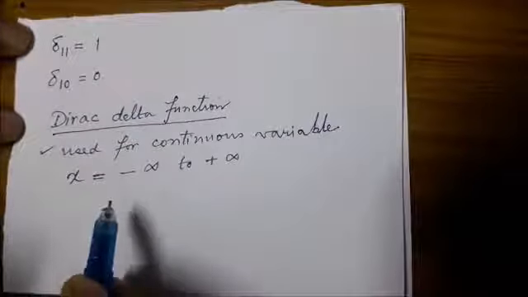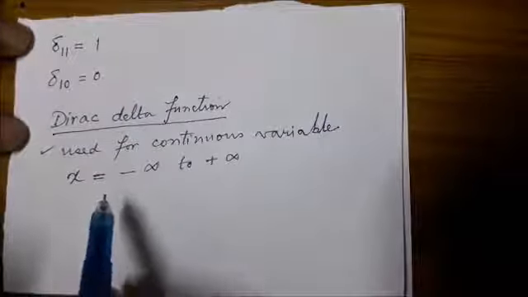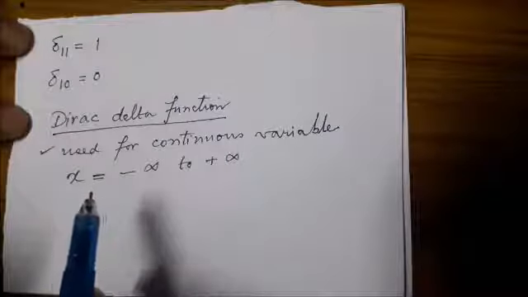Now let me come to solving some problems involving Kronecker delta symbol. Evaluate summation over I, Kronecker delta I2 A_I.